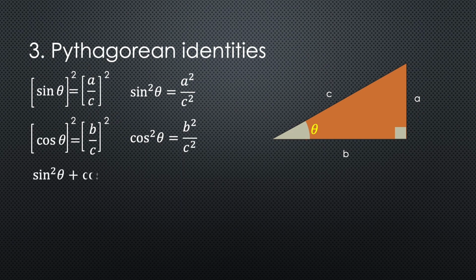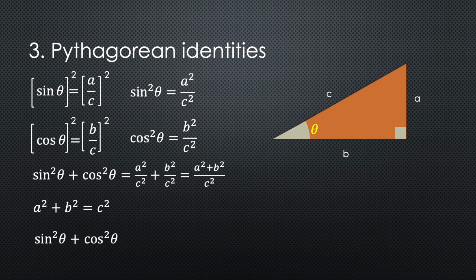Adding them together, we have sine squared plus cosine squared equals A squared plus B squared over C squared. But according to Pythagorean theorem, A squared plus B squared is C squared. So we have sine squared plus cosine squared is equal to 1.